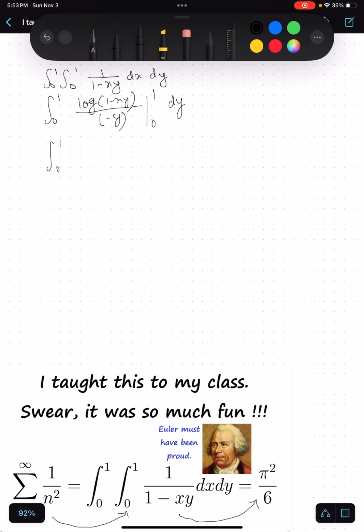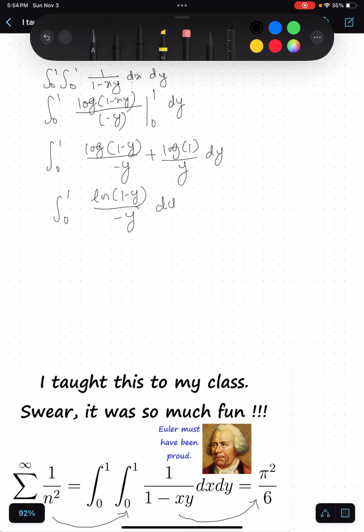Now how will you do this? This is basically log of 1 minus y by minus y, plus log of 1 by y, dy. We know that log of 1 is 0, so this is the integral of ln of 1 minus y by minus y dy.